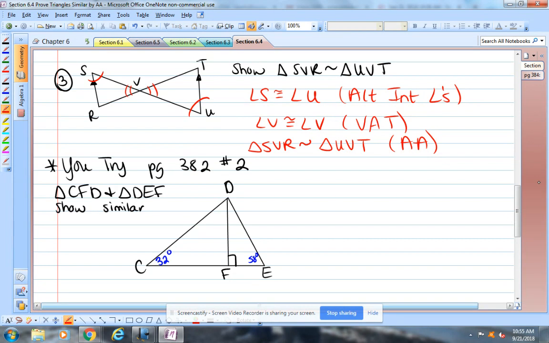Just give me a few reasons in there, okay? So you got to tell me somehow that two pairs of angles are congruent. Yeah, 58 for angle E. 32 for C, 58 for E.